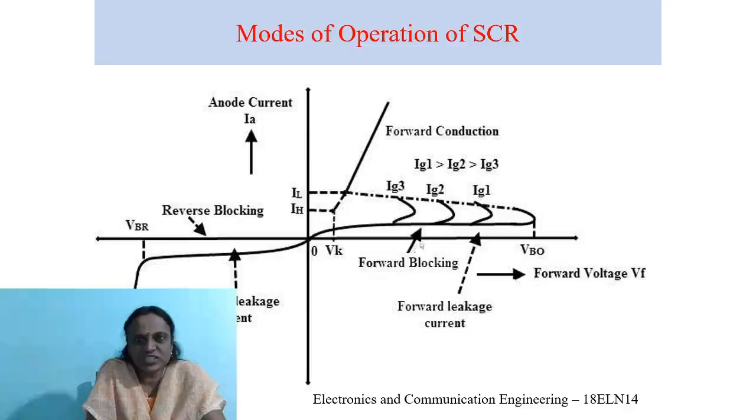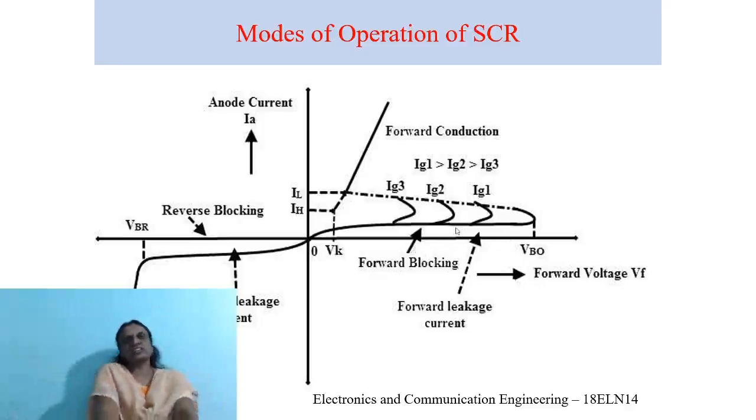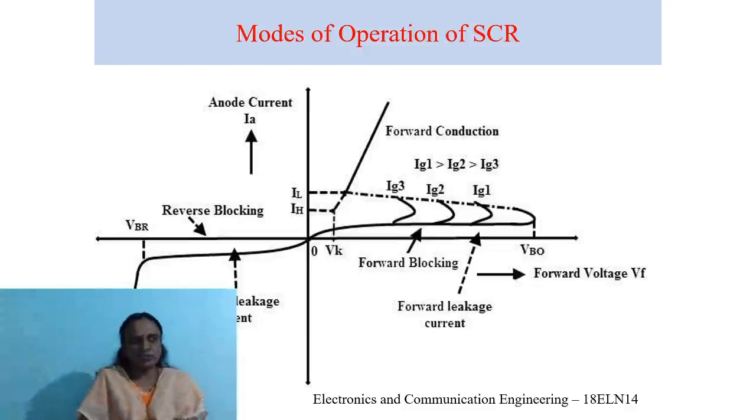SCR offers a very high resistance to the current flow. Therefore, SCR acts as an open switch in this mode by blocking forward current flowing through the SCR. This is shown in this characteristics, and hence the name forward blocking mode. This is shown in the VI characteristics. Okay, V means voltage, I means current.